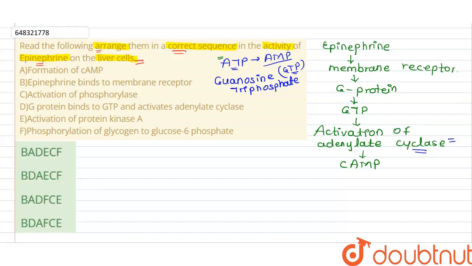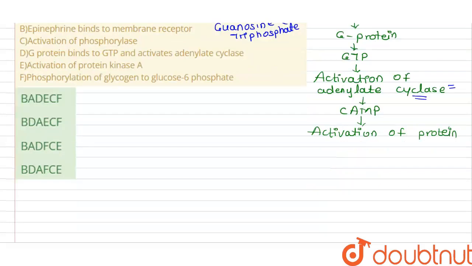After that, what will happen? After this there will be the activation of protein kinase. The formation of cAMP leads to the activation of a protein, and that is protein kinase A. Understand?